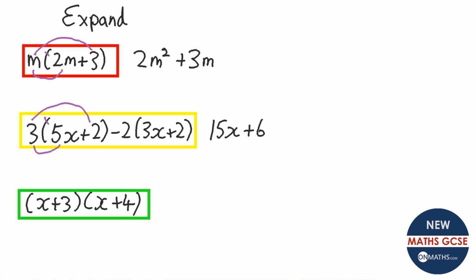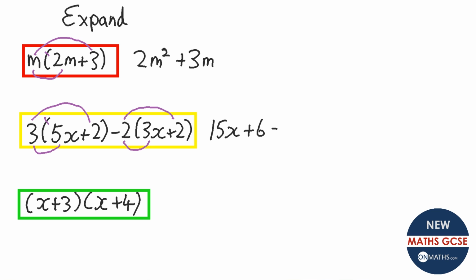Okay, let's try this. Now, what we're doing there with that smile is negative 2 times 3x. And what we're doing in the rainbow here is negative 2 times 2. So let's do the first one first. Minus 2 times 3x. That's a negative times a positive, so it's going to give us a negative.